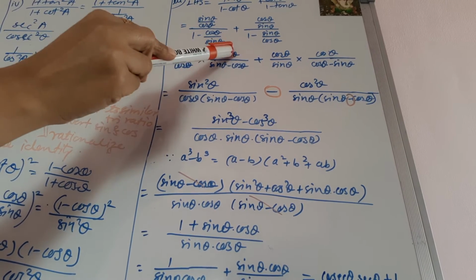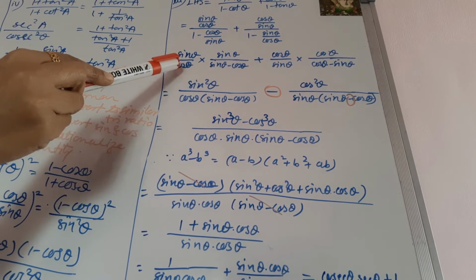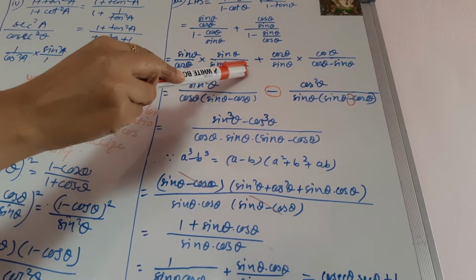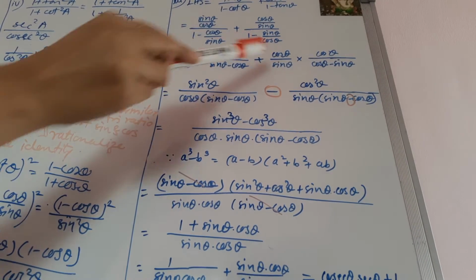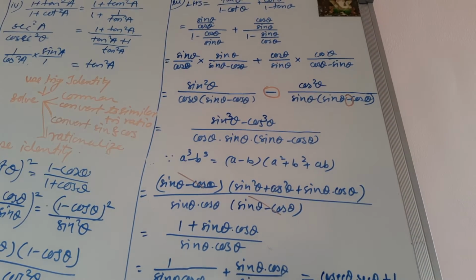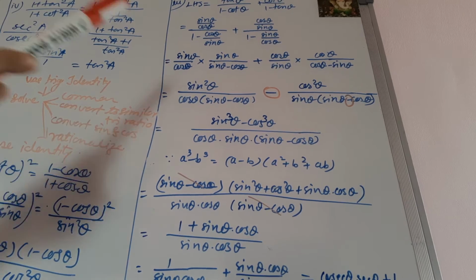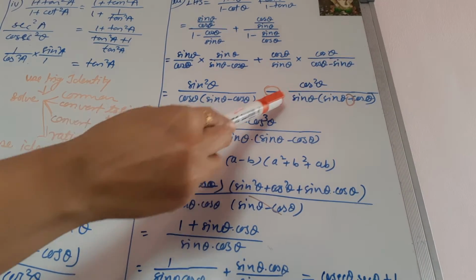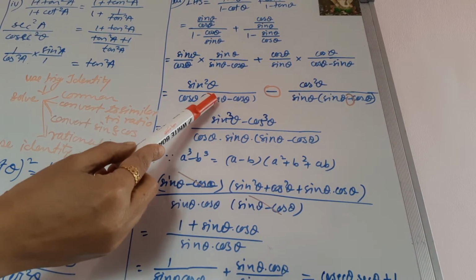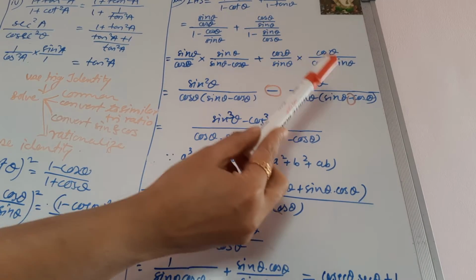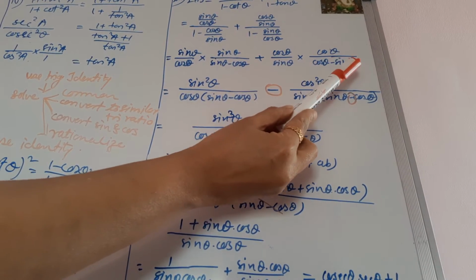So we will get sine square theta in the further step, cos theta into sine theta minus cos theta. In the same way you will get it here, but for taking out the common denominator, here we are going to get sine theta minus cos theta, but here it was cos theta minus sine theta.